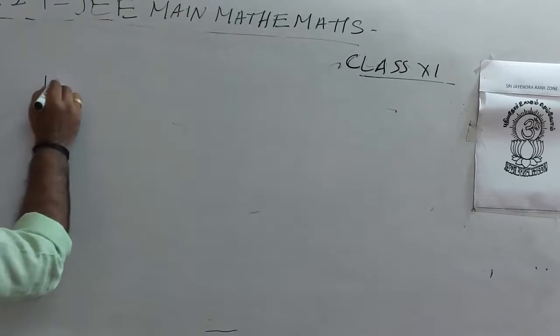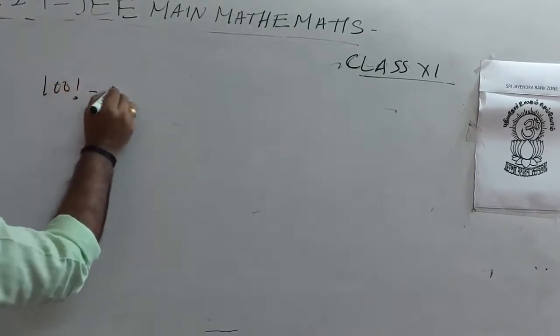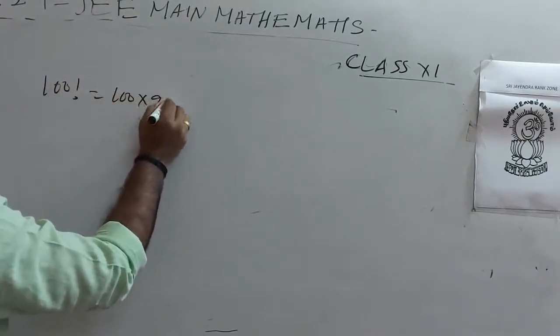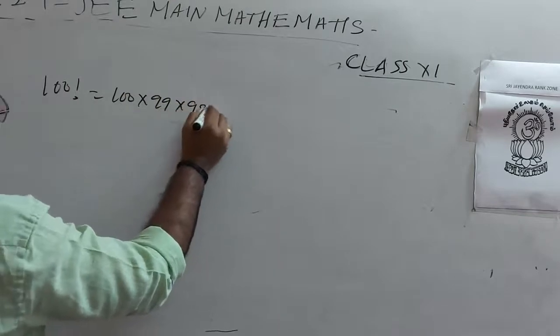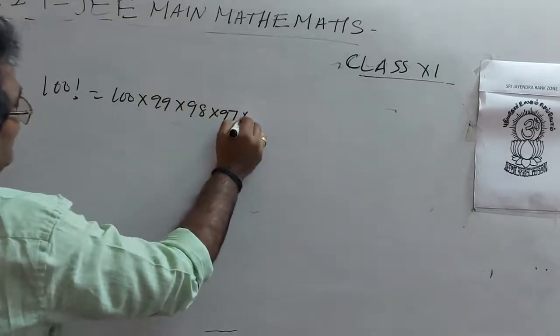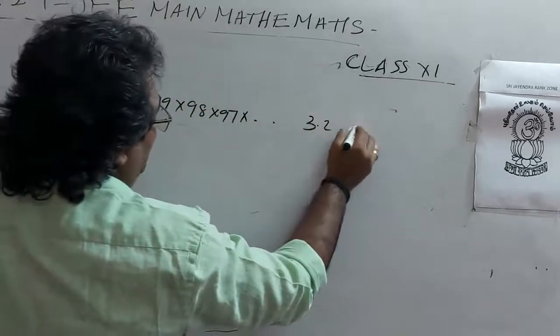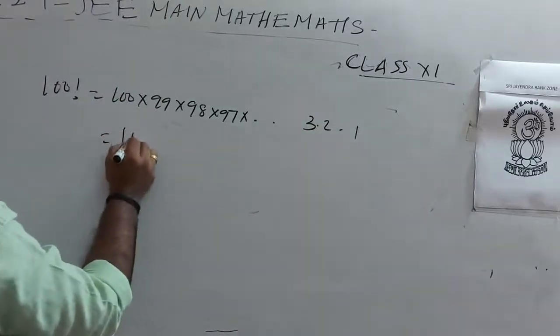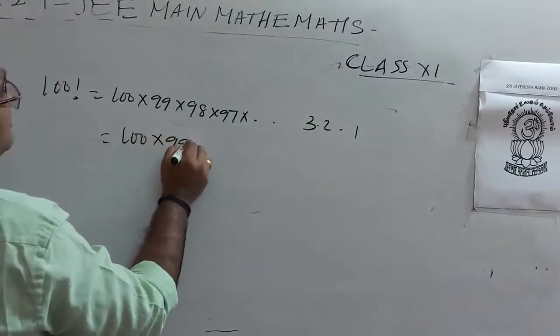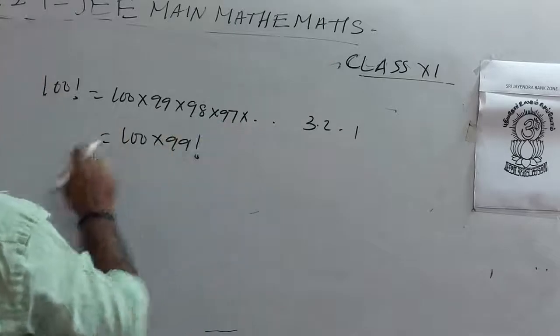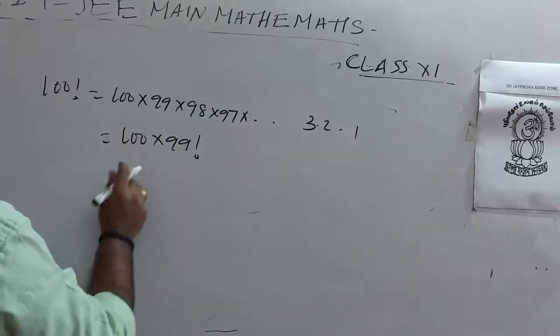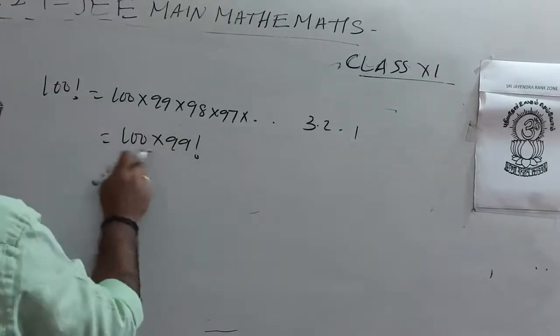For example, 100 factorial means 100 into 99 into 98 into 97 up to 3, 2, 1. This can be written as 100 into 99 factorial. If we take 100 outside, you have 99 factorial.